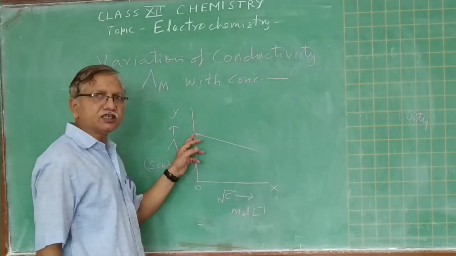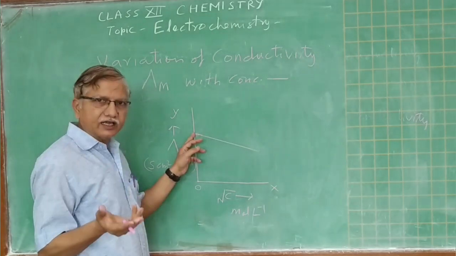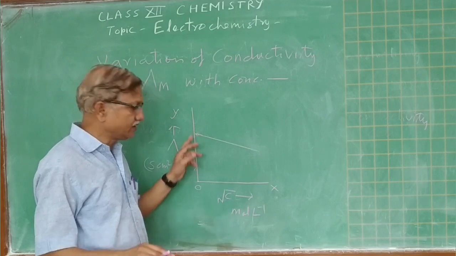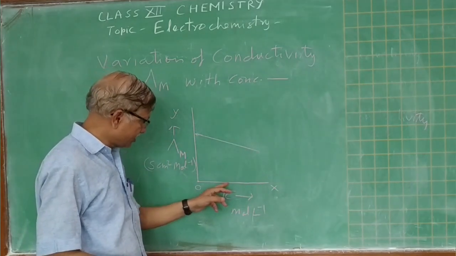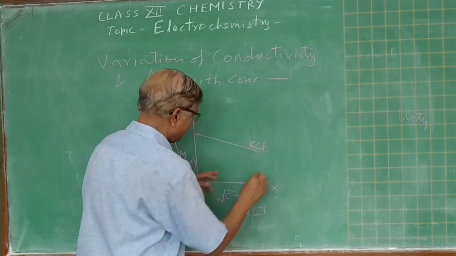We cannot have a solution with zero concentration, so theoretically we are taking zero concentration here, because as the concentration decreases, the molar conductivity of KCl increases.